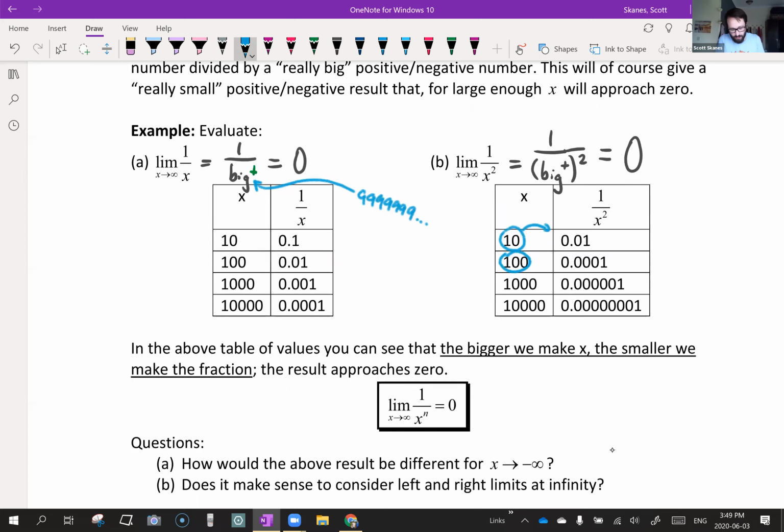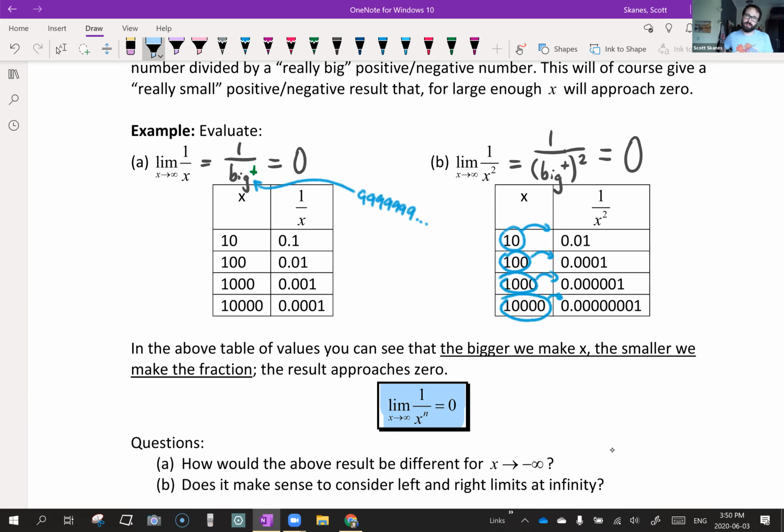If you put in 100 for x, you get this answer. You can notice, hopefully, that it gets closer and closer to 0. We're cutting it smaller and smaller until it becomes 0. So this result is very simple. The limit as x approaches infinity of 1 over any power of x is 0. That's all.